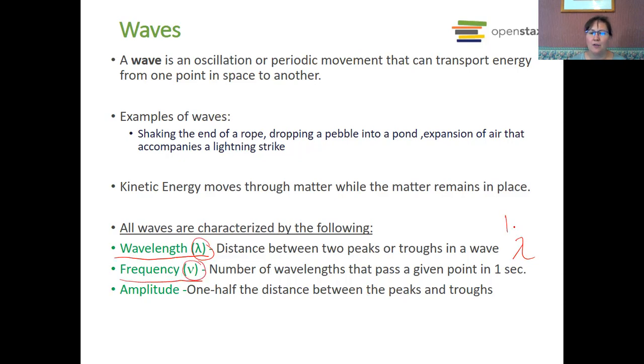Here, let me write that. First we have lambda, and then here we have this scripty V, and that's the Greek character nu. It's the number of wavelengths that pass a given point in 1 second, or a specific period of time, and usually we'll deal with 1 second. And then there's the amplitude, 1/2 of the distance between the peaks and the troughs. You draw a line right down the middle, and amplitude goes up or down.